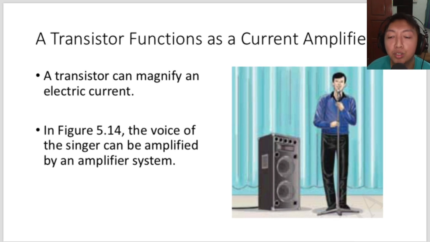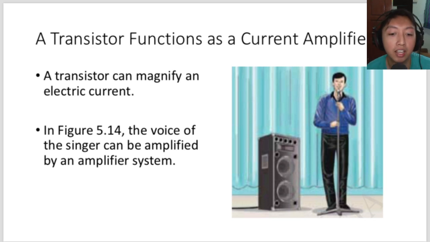So, how is this useful? Now thinking, okay, why go through all of that? Why should we make such a complicated switch? Why not just use a simple switch? Well, of course you could do that. However, with a switch, you only have two choices. It's either on or off.